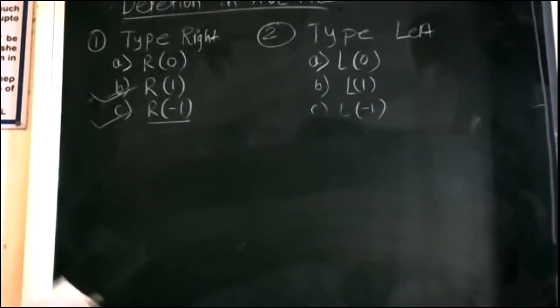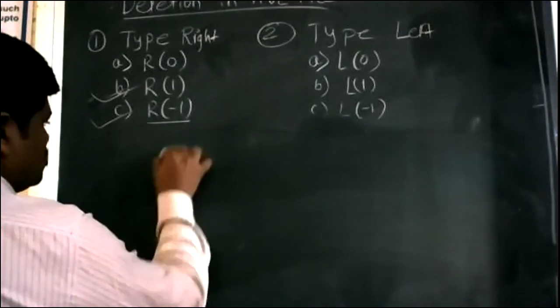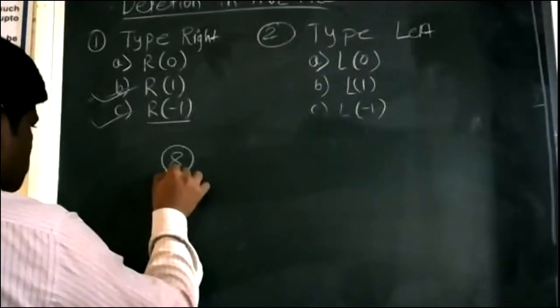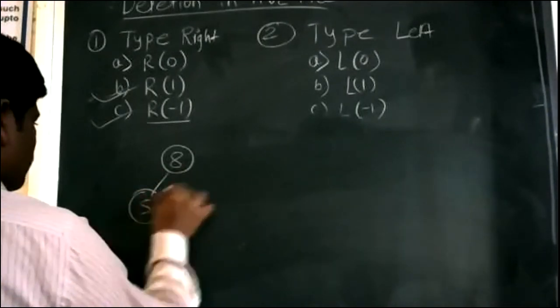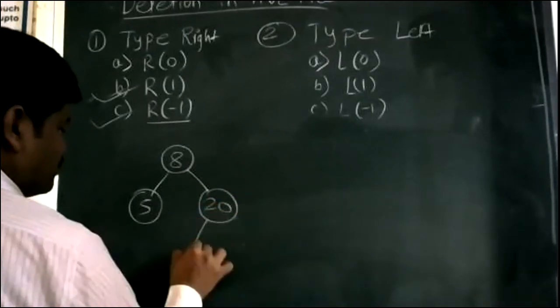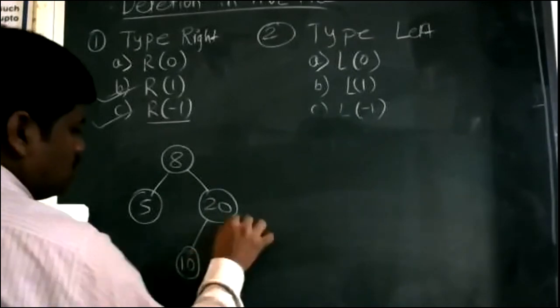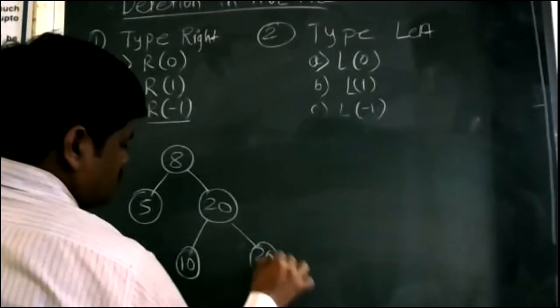Now next, the left. Now for the left, you can suggest the tree, or in the same tree what kind of modification is expected. So here is the 5, here is the 20, 10, and 26 greater than.